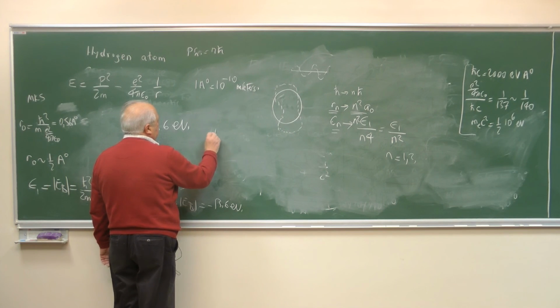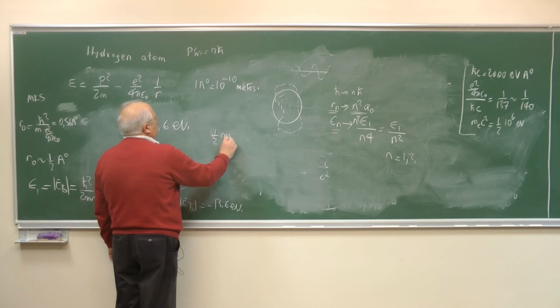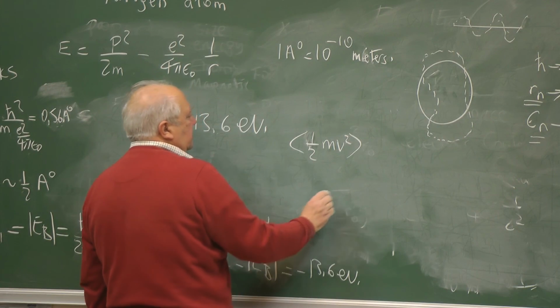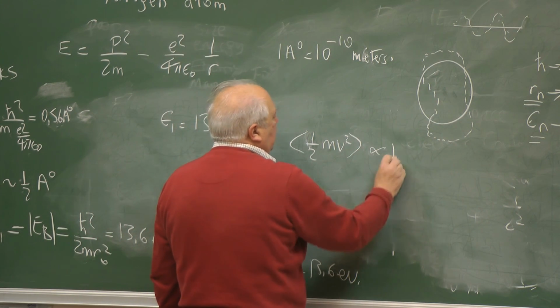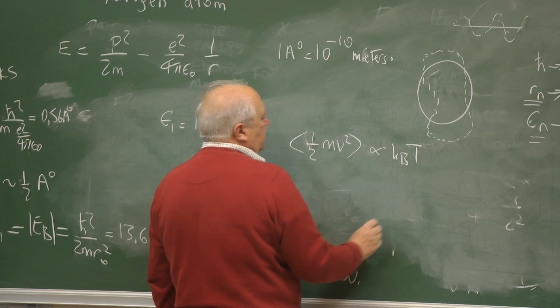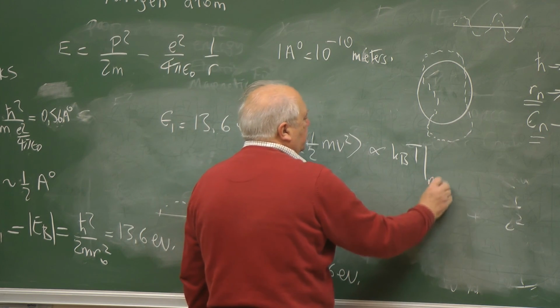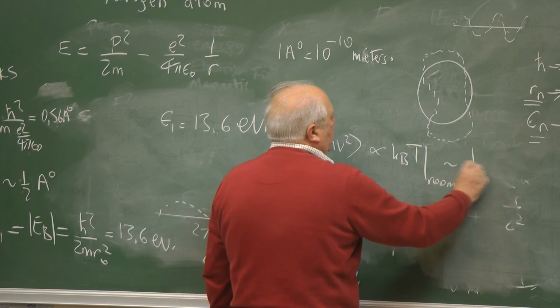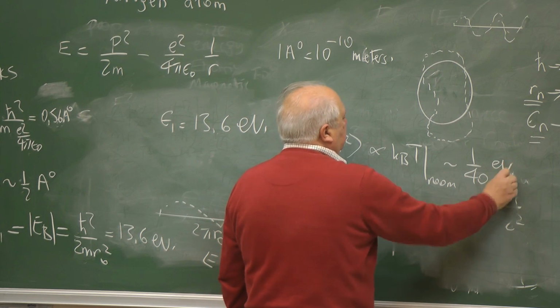kB, for example, 1/2 m v squared average is of the order of kB T, and at room temperatures, this is like 1/40 electron volt.